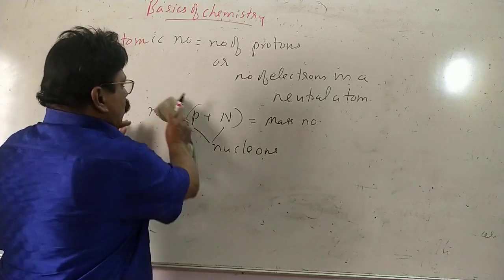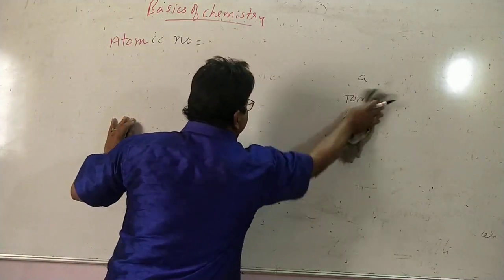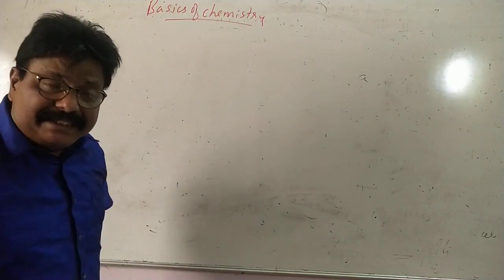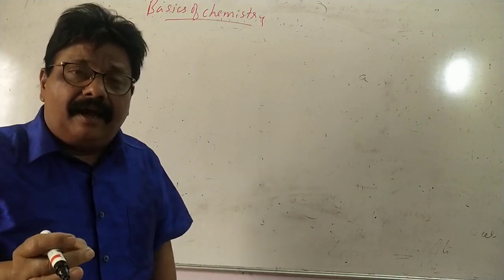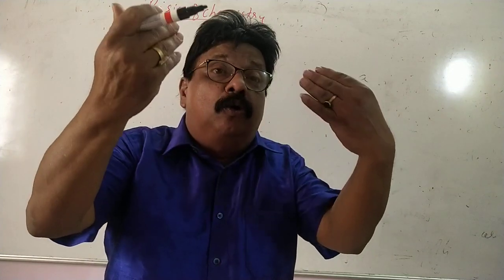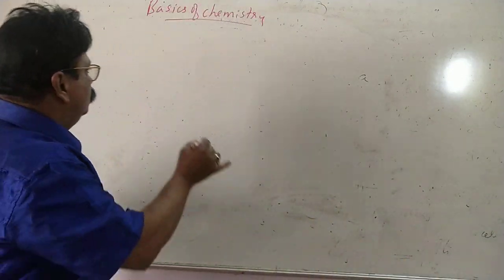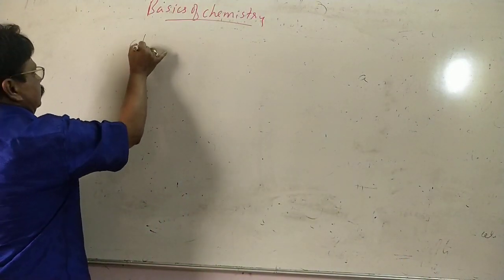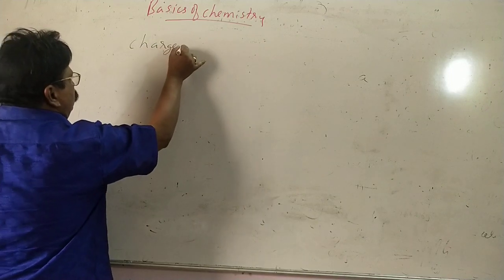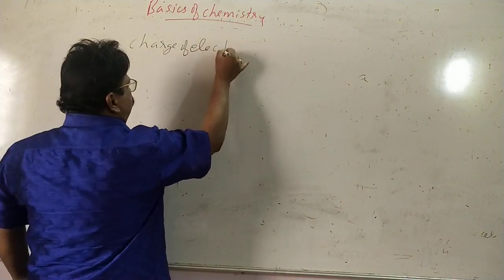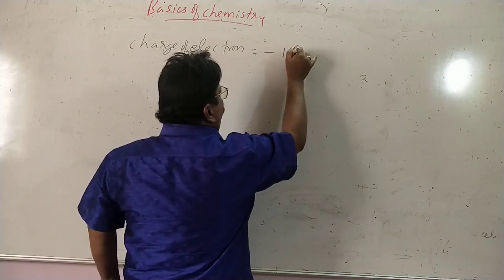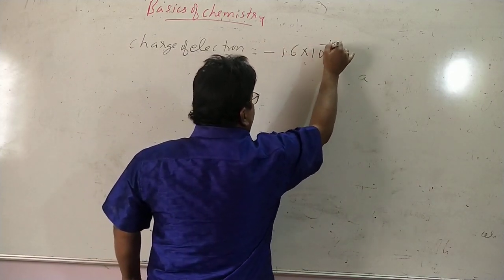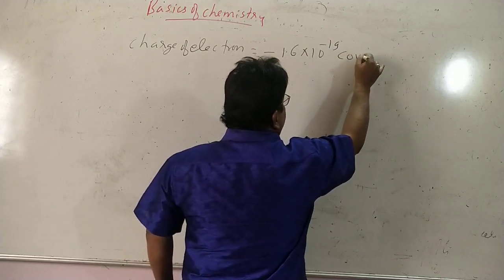Coming to electrons, the basic knowledge regarding an electron that you should all have. First of all, the charge of the electron. It is negative 1.6 into 10 to the power minus 19 coulombs.